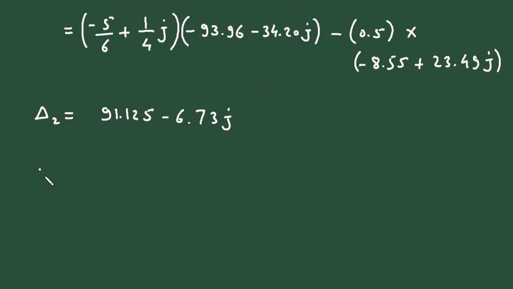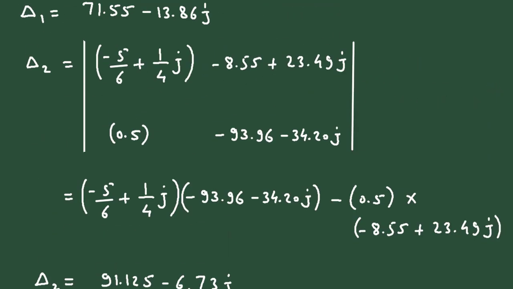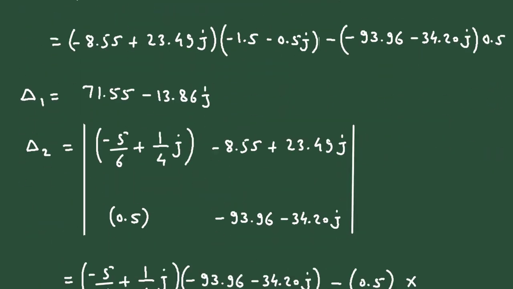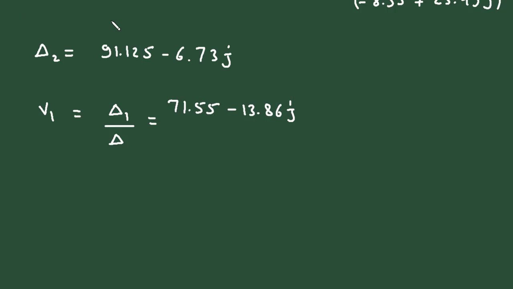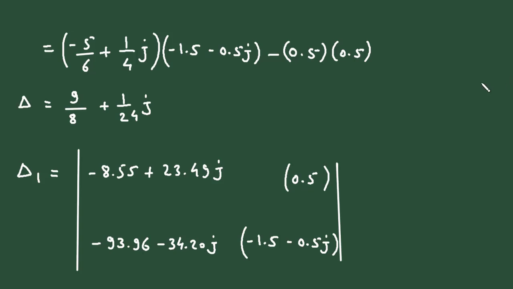Now we can find the value of V1. So V1 is equal to delta 1 divided by delta. The value of delta 1 is this, divided by the value of delta. The value of delta is this.